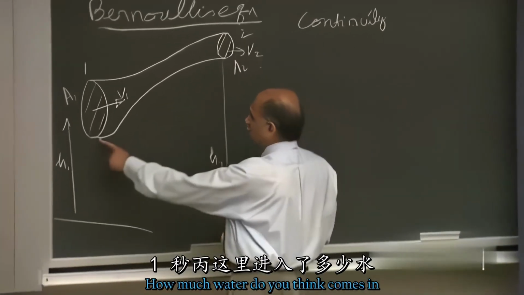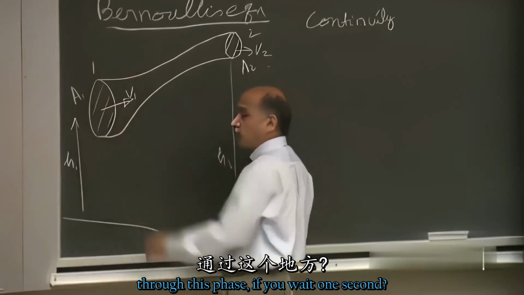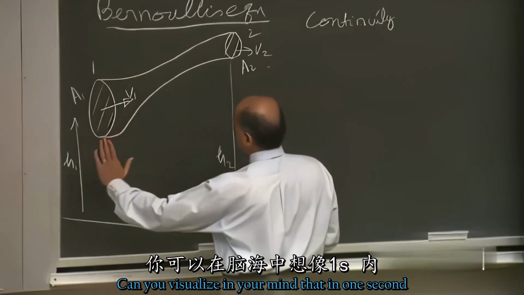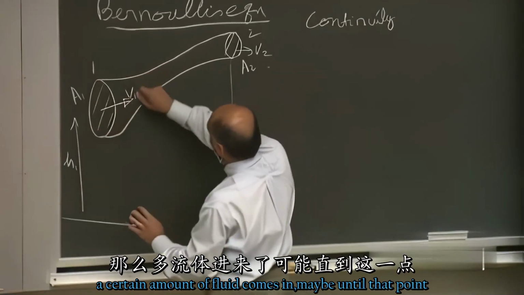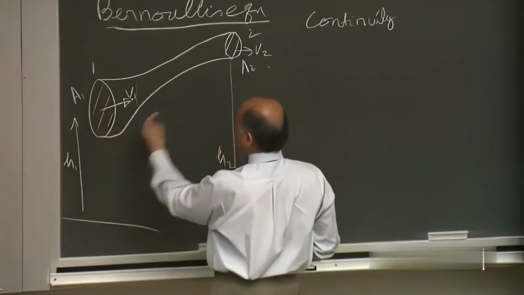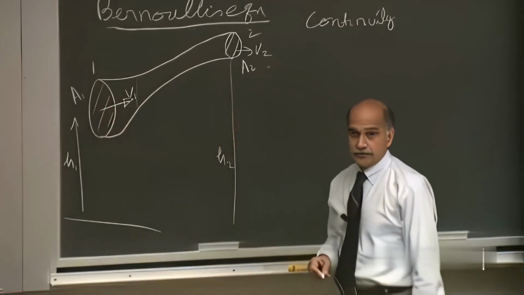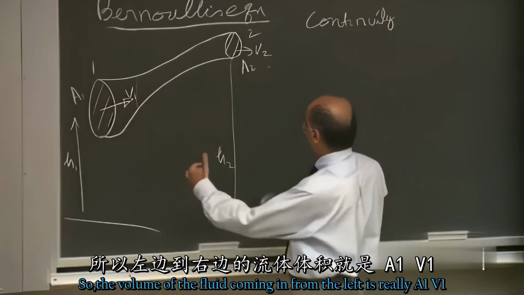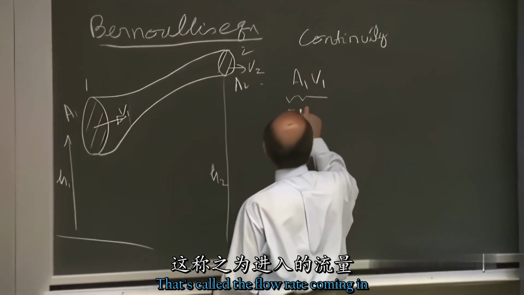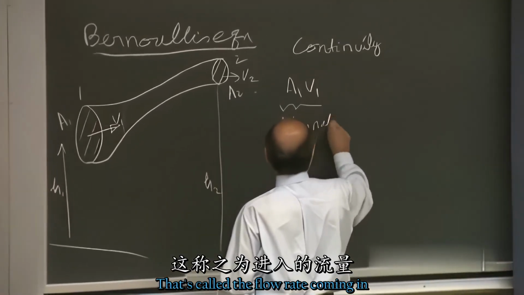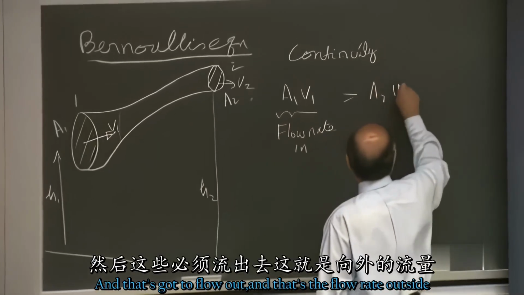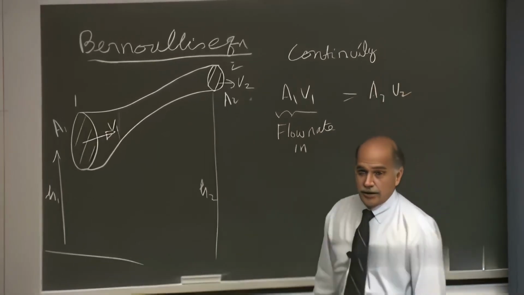How much water do you think comes in through this face if you wait 1 second? Can you visualize in your mind that in 1 second, a certain amount of fluid comes in, maybe till that point, and the cross-section of that fluid is A, the distance it travels is v. So the volume of the fluid coming in from the left is really A1 v1. That's called the flow rate coming in. And that's got to flow out, and that's the flow rate outside.